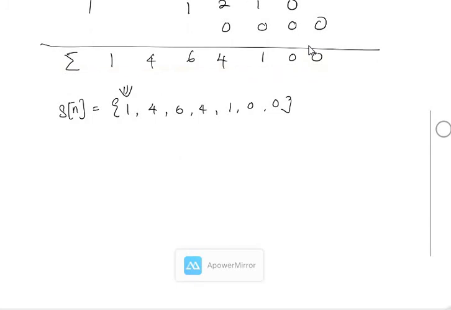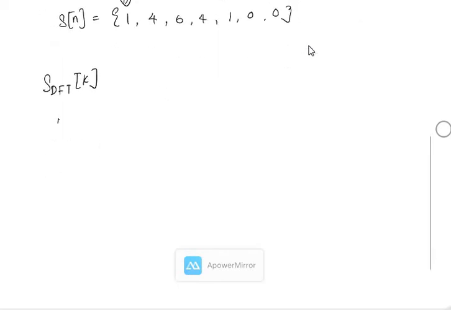So in order to find the X DFT k, we know that N is equal to 4. And then N plus N minus 1 is equal to 4 plus 4 minus 1, which is equal to 7.